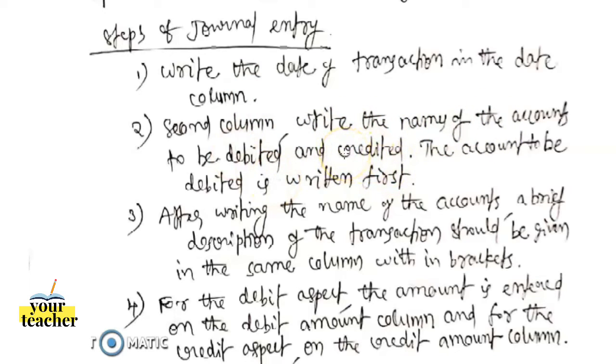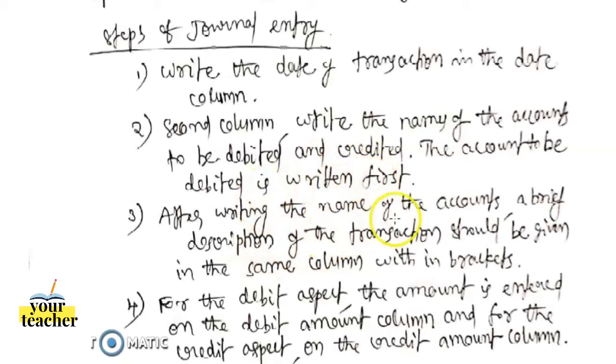We have already gone through the different classes of accounts: personal account, real account, nominal account, and the modern classifications like asset accounts and liability accounts. You will write the account to be debited first.